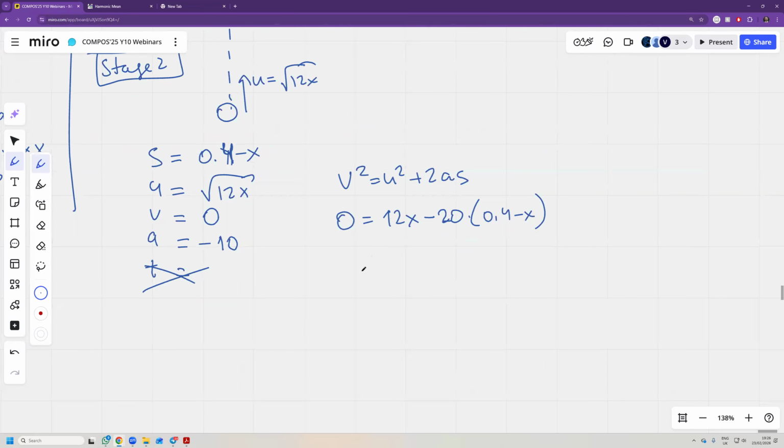It's just lovely. So 12x minus 8 plus 20x equals 0. So 32x equals 8, x equals 0.25 meters.